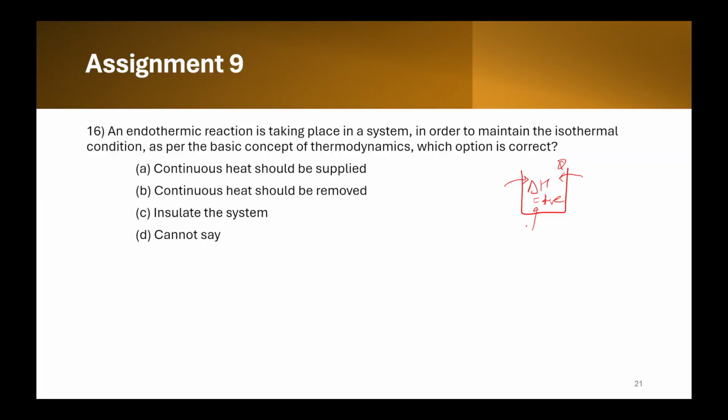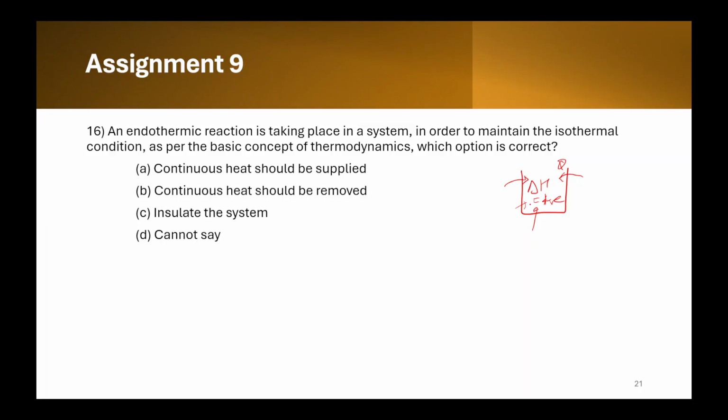So basically, it is taking in heat. So to maintain the isothermal condition, you need to continuously supply the heat or remove the heat. It will be supply the heat.